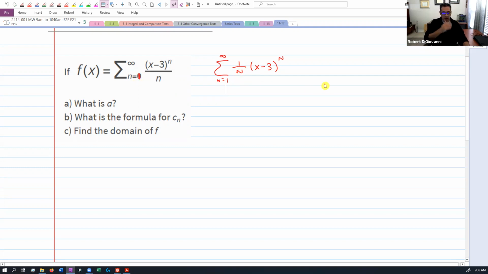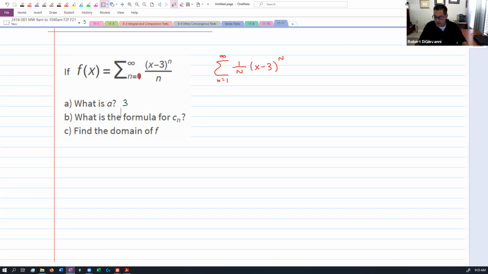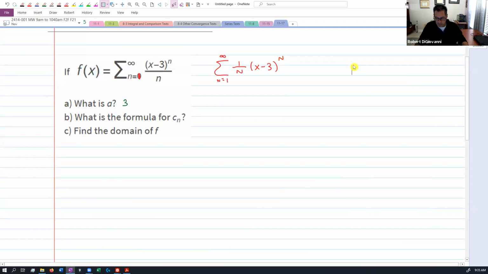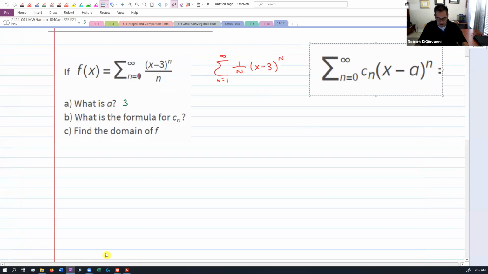So when you look at this, what's A? Is it obvious? 3. A is 3, okay. Again, we're going off of that formula here. The A is the thing that's being subtracted from the x.